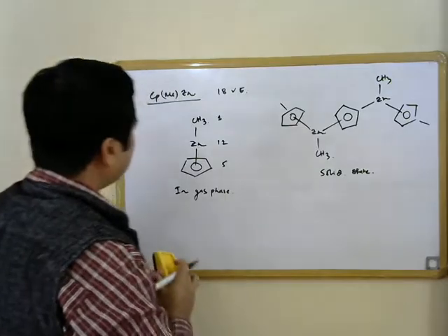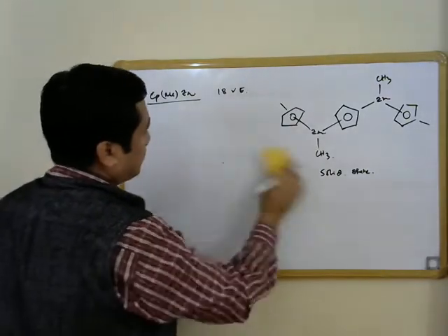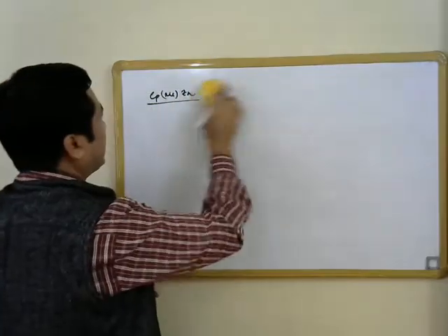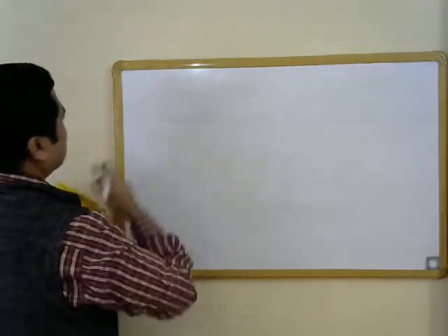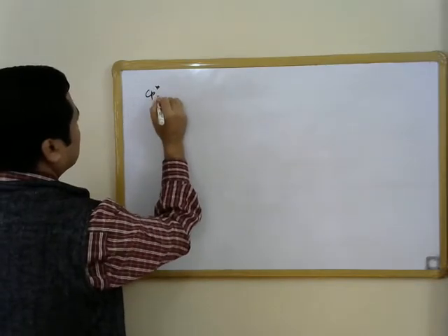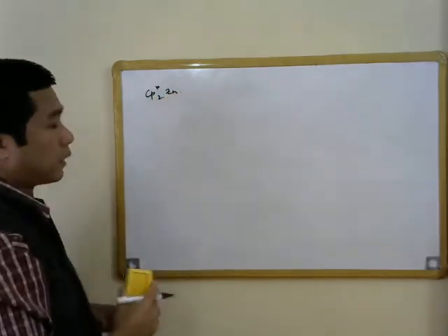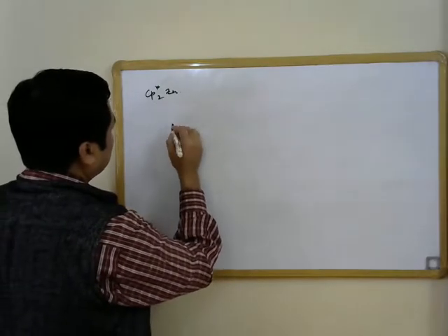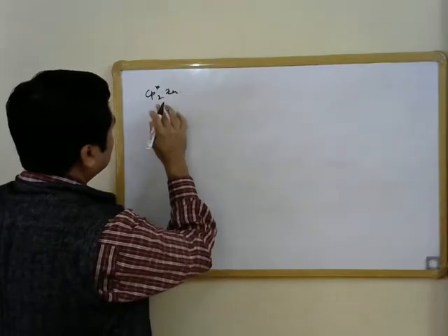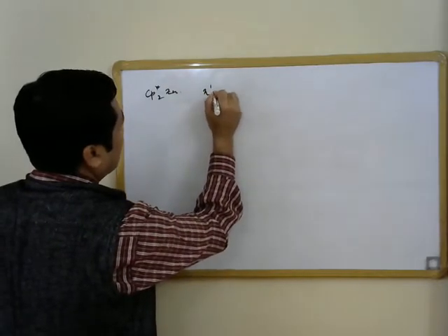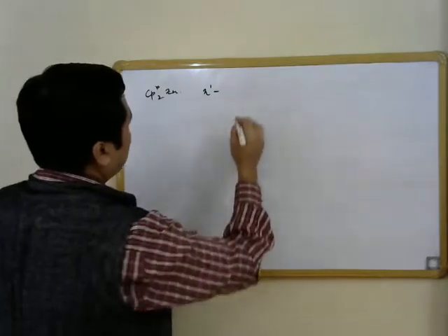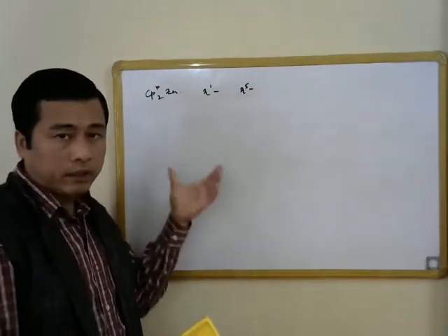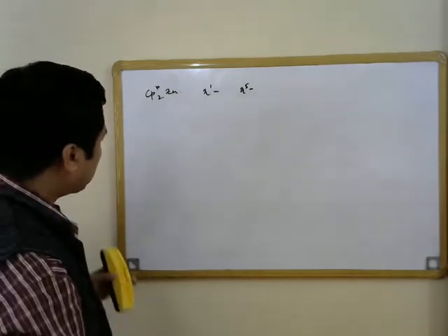So another interesting organozinc compound is Cp star 2 Zn. It's a metallocene compound with a sandwich structure, and for this particular compound, one of the Cp ligands is in eta 1 coordination mode, while the other Cp ligand is in eta 5 coordination mode, and only then can we have an 18 valence electron species here.